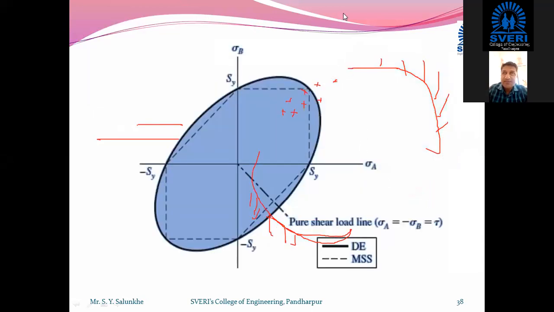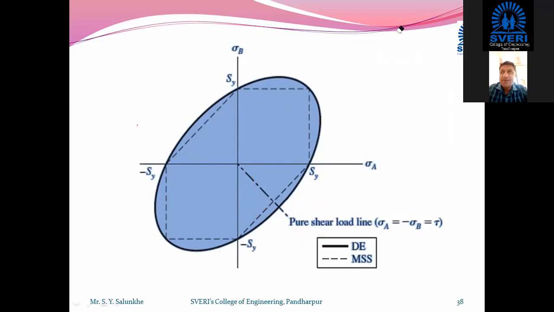So here we can compare the second theory, that is the maximum shear stress theory, with the remaining two, that is Von Mises and maximum strain energy theory.